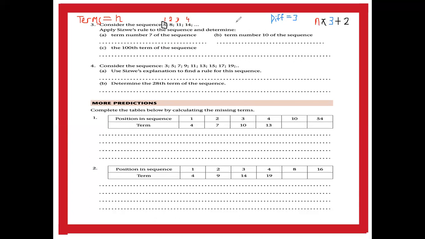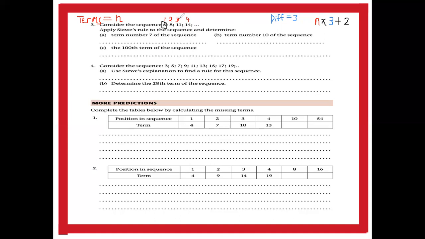Now we're going to check it. Now n is 2, and we expect an answer of 8. So 2 times 3 gives us 6, plus 2 gives us 8. So that means it works for the second term. Let's check it for the third term and the fourth term. For the third term, 3 times 3 gives us 9, plus 2 gives us 11.